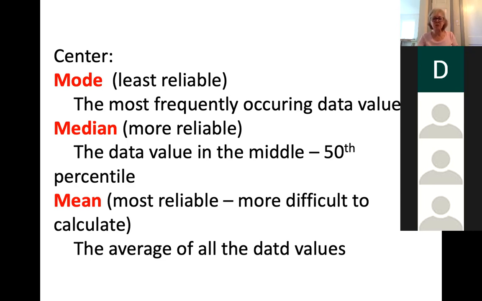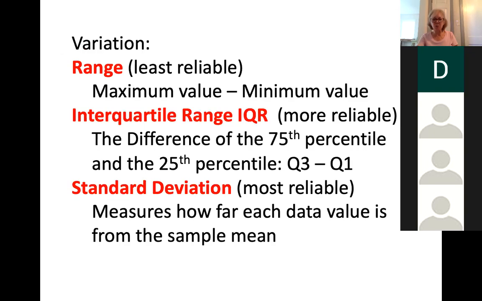So we've got 3 ways to tell people what's the center of the data. That's not the only thing that's important, though. We want to know, is the data very spread out, or is it pretty tightly clustered around the center?